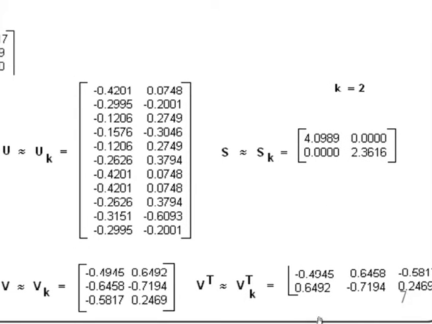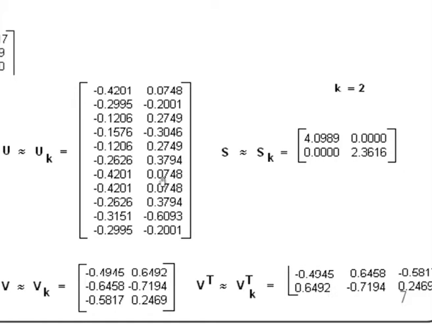Assume we have chosen k as 2, meaning for the given U matrix, you choose only 2 columns. For the given S matrix, you work on only 2 of the singular values, and for the matrix V transpose, we work only on 2 rows; the third row will be ignored.